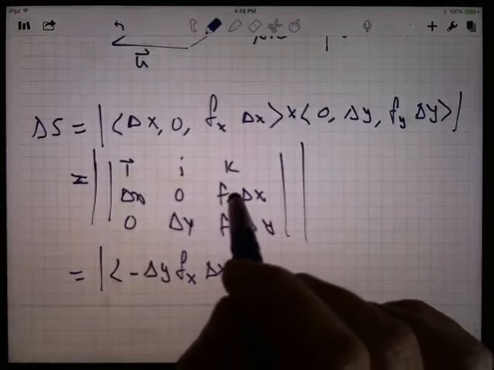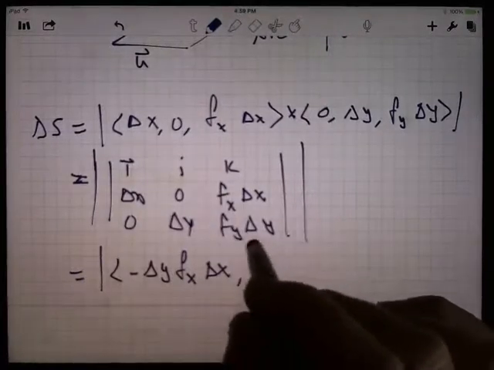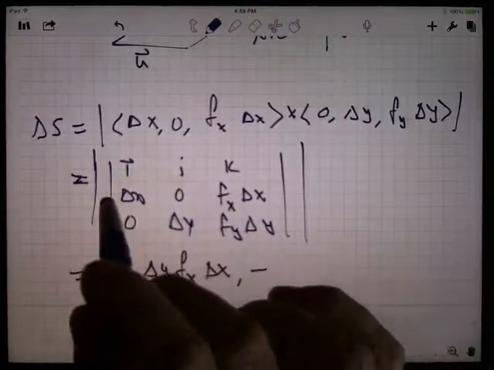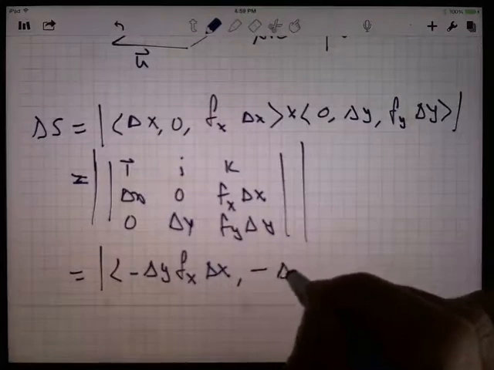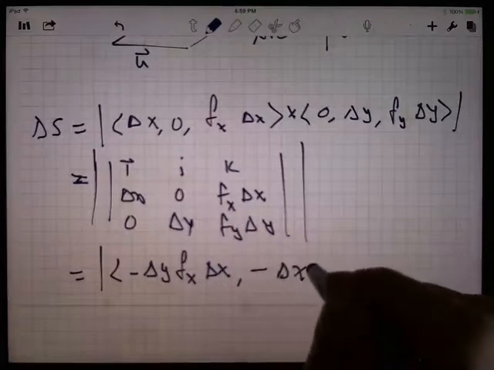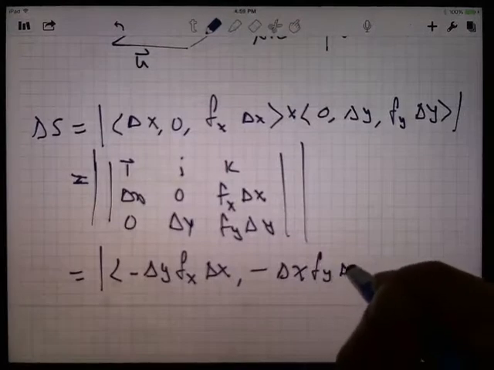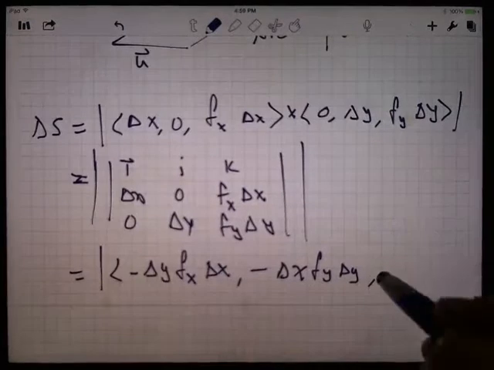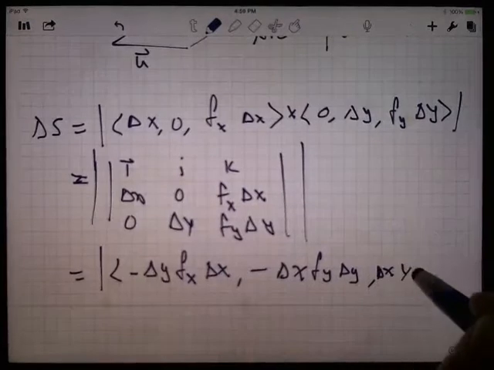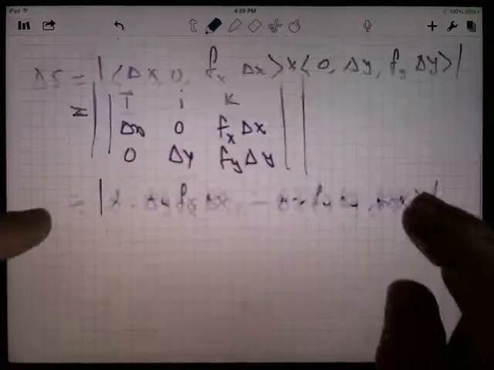So this one is now this minus that, and so that actually becomes, I do it backwards, this minus that. So this is minus delta x times fy times delta y. And lastly, I've got this times that, so that's just delta x times delta y. And then I need the length of that vector.